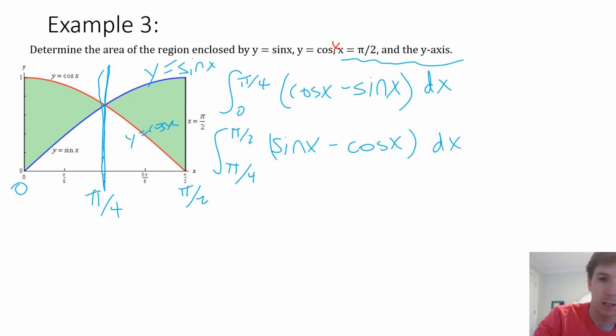Okay, so let's work with this top one first. To integrate that, it'll be sine x plus cosine x, and we'll evaluate that from 0 to pi over 4.